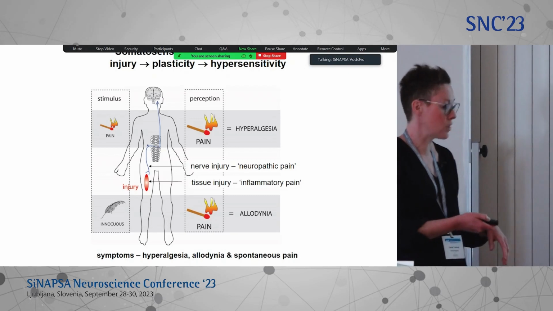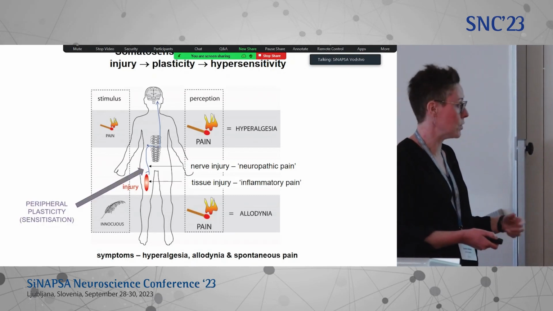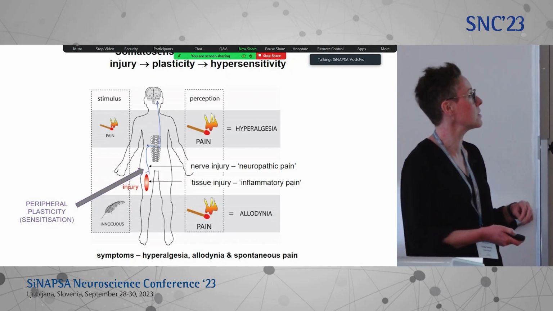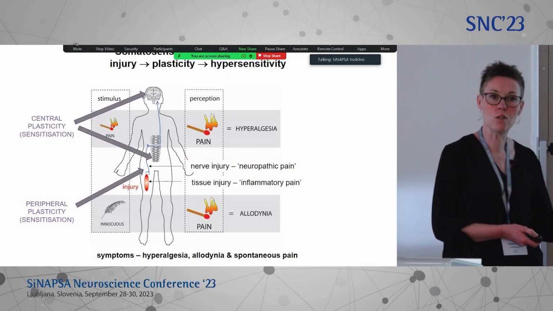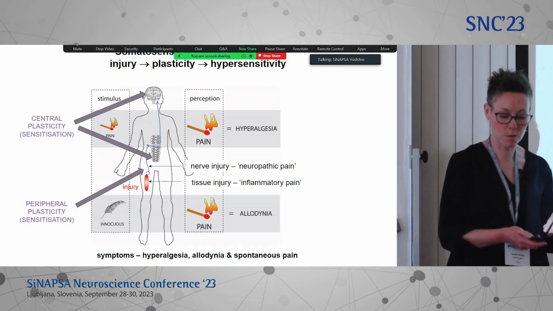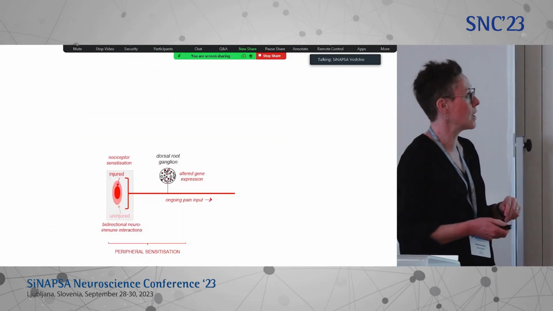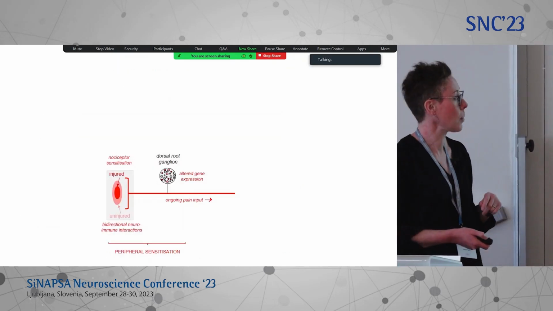So in these conditions, there is plasticity within peripheral nerves, termed peripheral sensitization, and there's also plasticity at the level of the spinal cord and brain, termed central sensitization. So we'll look at these in a bit more detail.